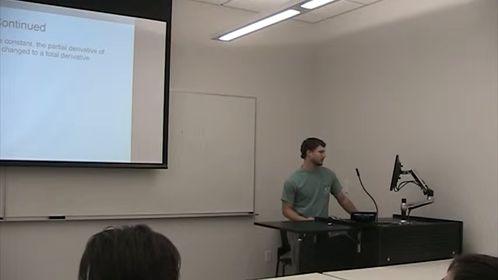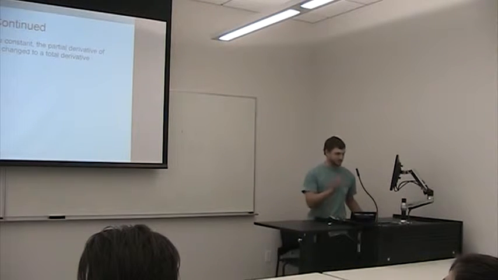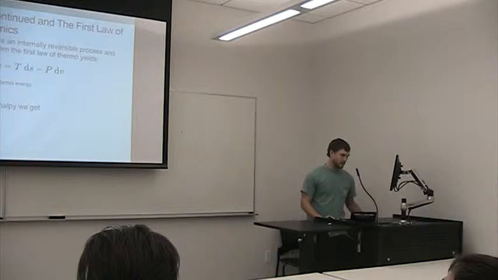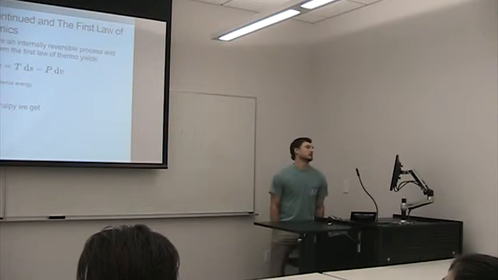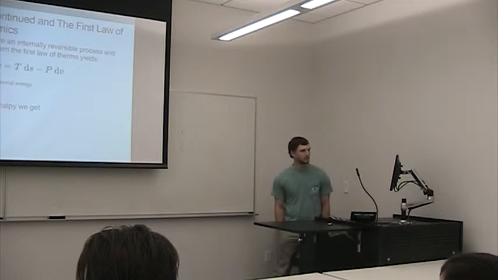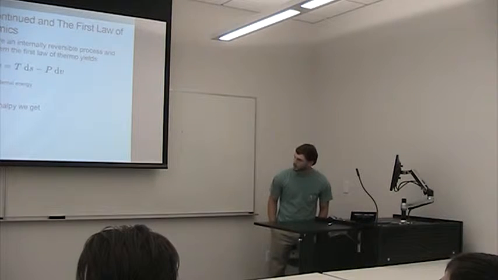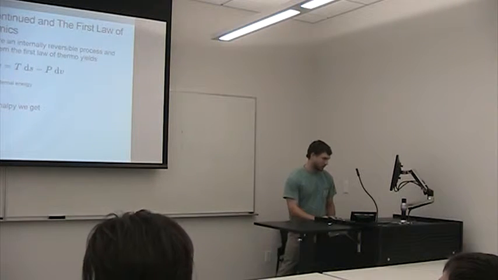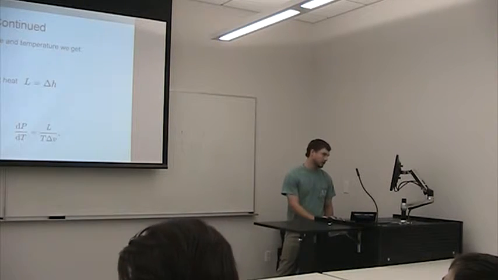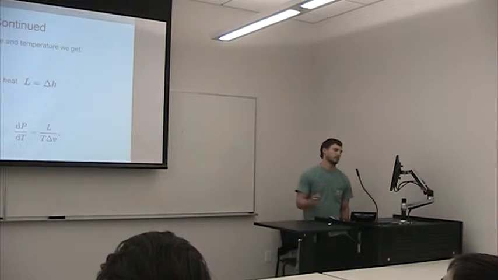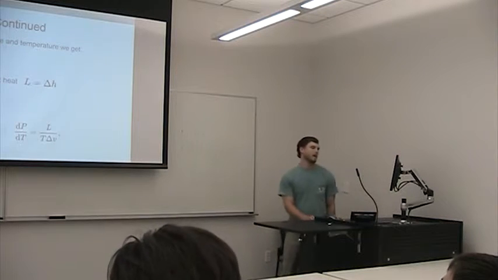Then you're going to integrate both sides to get the first half of the equation. Then with the first law of thermodynamics, since the phase changes are internally reversible, it yields that equation, which then you use specific enthalpy and keep going through, integrate, and finally you get the equation we'll be using, which is the Clapeyron equation.